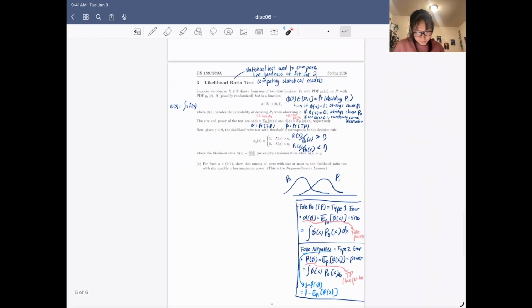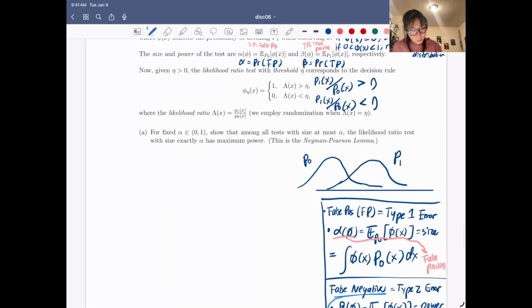Okay, and so to start, we want to show that the likelihood ratio test has max power, or basically we want to show that it maximizes the probability of true positives.